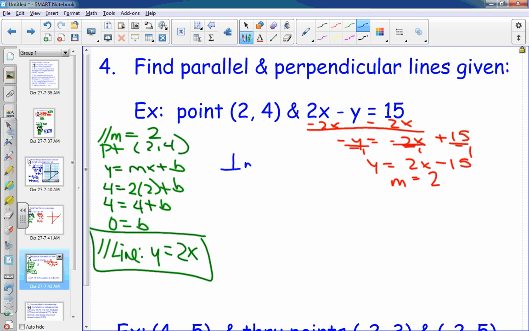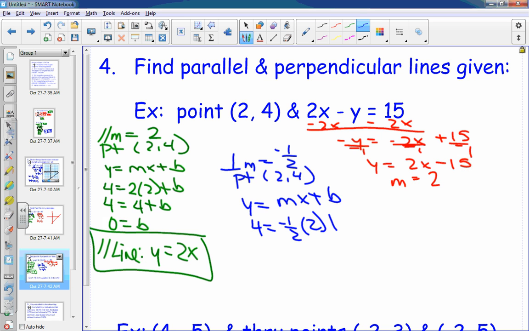Now, what's my perpendicular slope? Negative 1/2. And I'm still going to use the point 2, 4. So I have y is equal to mx plus b. Y is 4. M is negative 1/2. X is 2. Now, what is half of 2?